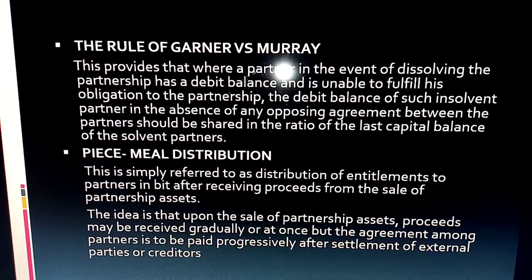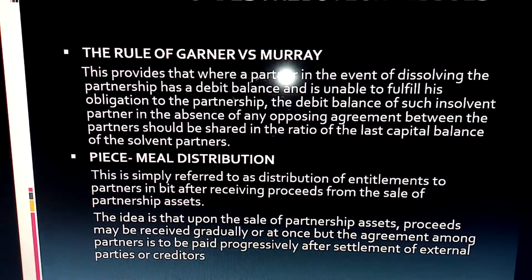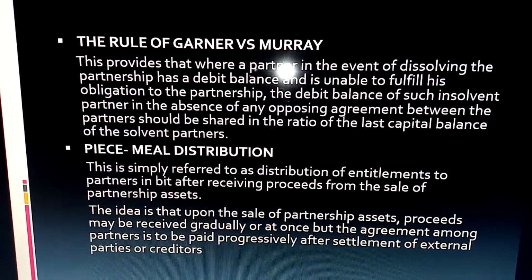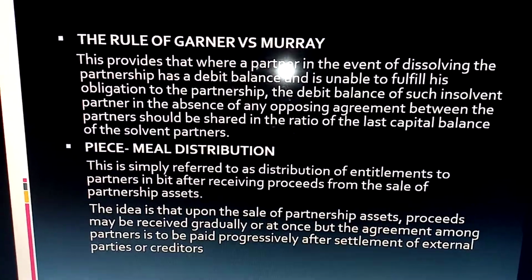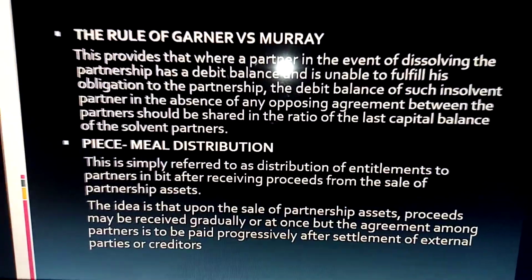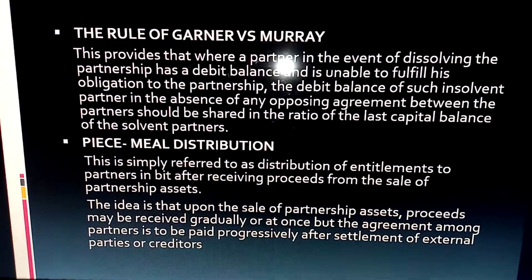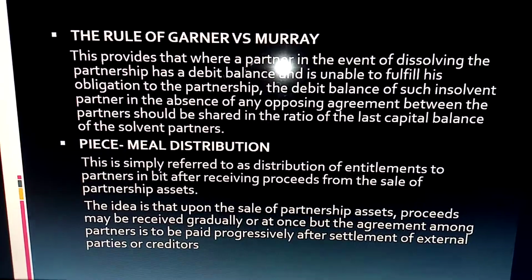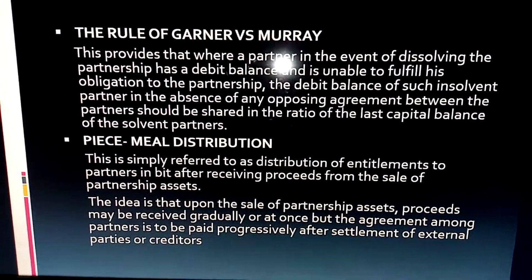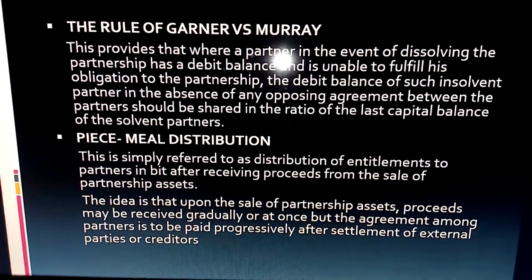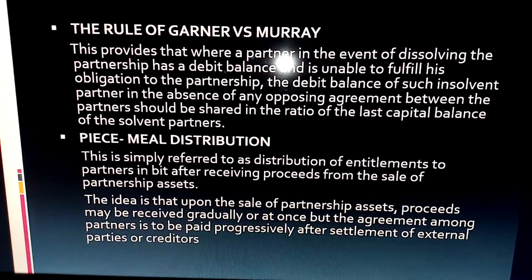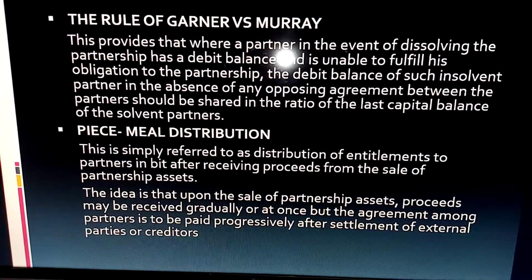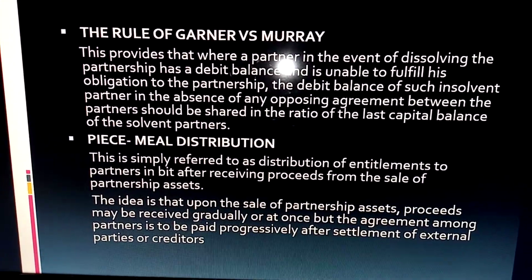So whenever there's this settlement of partners due at dissolution, bit by bit or progressively, we refer to it as piecemeal distribution. In summary, the partnership is being dissolved, the assets are being sold, money is being received, but payment of partners, what they have in the business, is done in bits. That's what we call piecemeal.